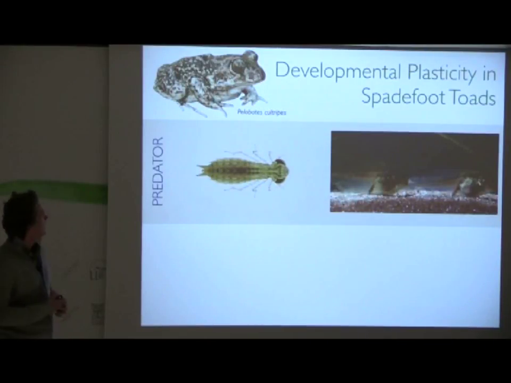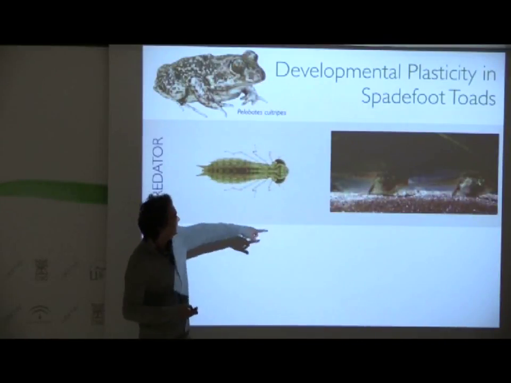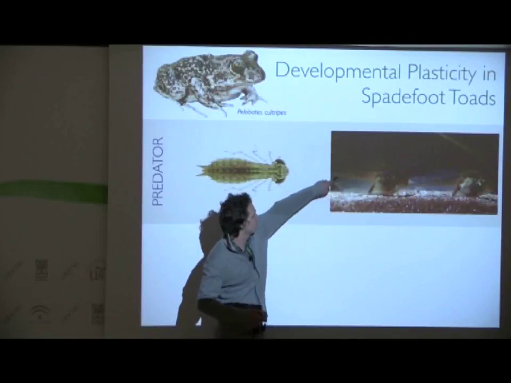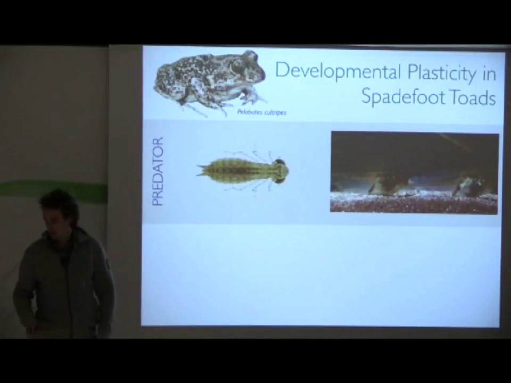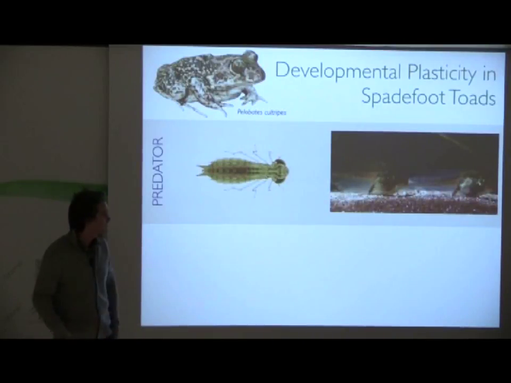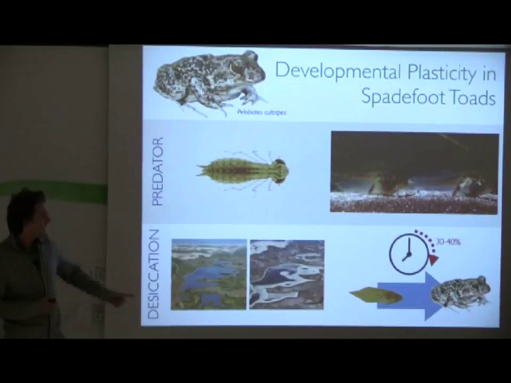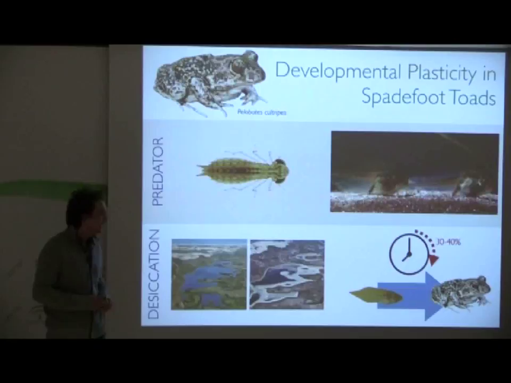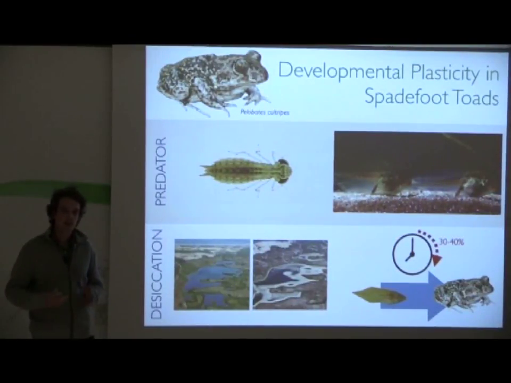So for example, increased predation pressure, I'm not sure if you can quite see it, leads to the development of really deep tail fins in comparison to lower predation pressures. And similarly, when tadpoles are at risk of drying out due to habitat desiccation, they can really drastically increase their developmental rate and shorten their larval period by up to 30 to 40%.